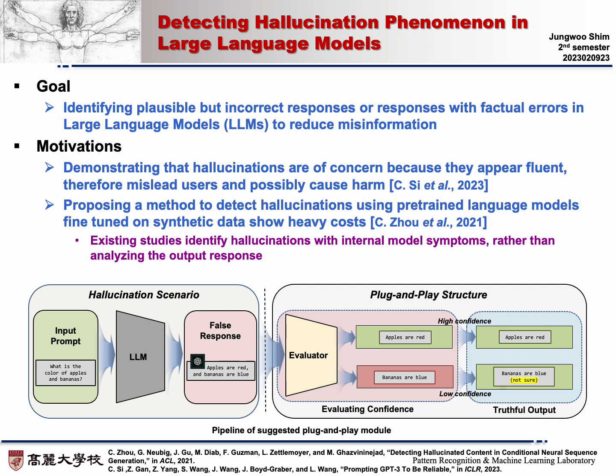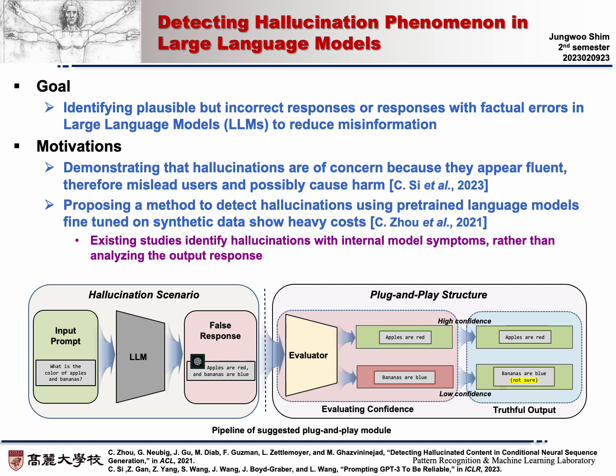So why is this research crucial? Firstly, these hallucinations are of concern because they're fluent and they seem convincing, which can mislead users, sometimes even leading to harmful outcomes, as highlighted in a study by C et al. in 2023.